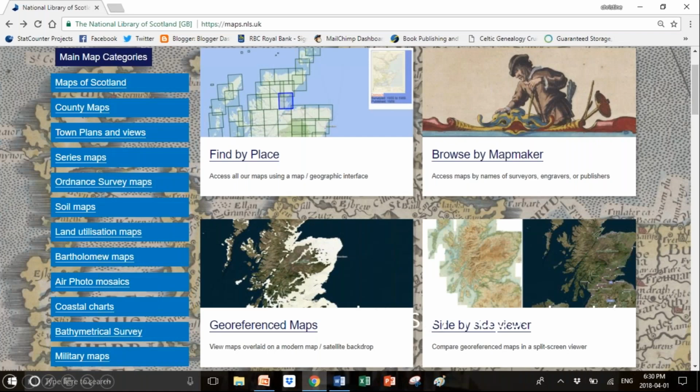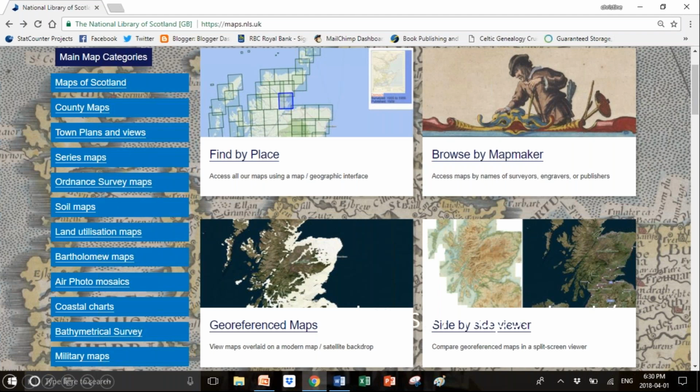This is the website for the National Library of Scotland. It is by far the best website out there in terms of maps. As I said, it's not just Scottish maps. They have maps from a number of different places, and it is absolutely fabulous. You can go in and look for maps by county. You can look at town plans and views. Some of those early town plans, if you zoom in, you can see the names of the proprietors listed right on the building, right on the map.